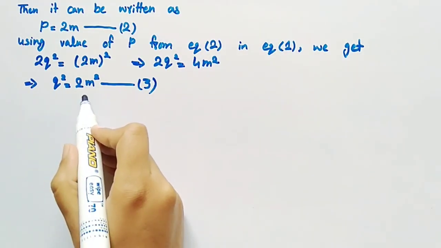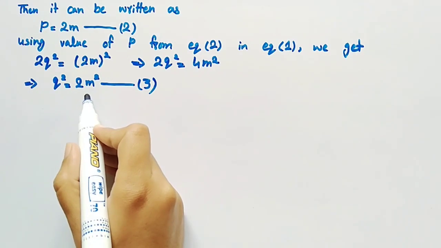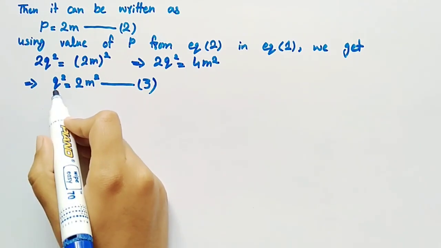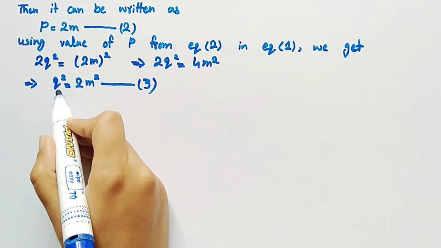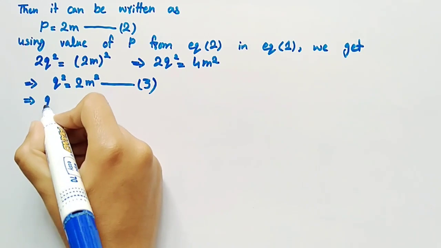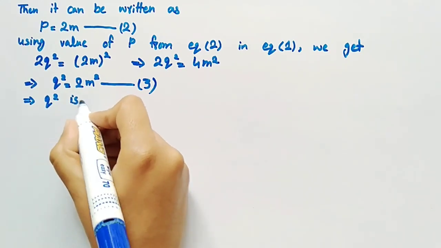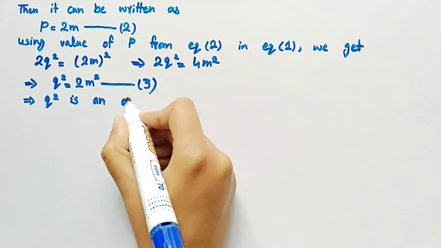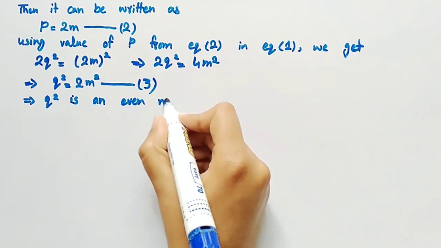Q square is equal to 2m square means that q square is a multiple of 2. If q square is a multiple of 2, it means that q square is an even number. So we can write q square is an even number.